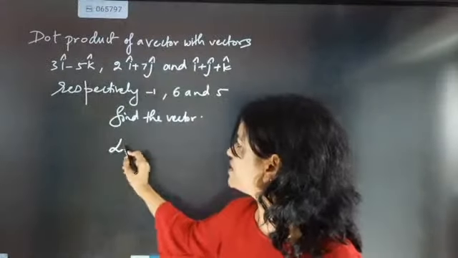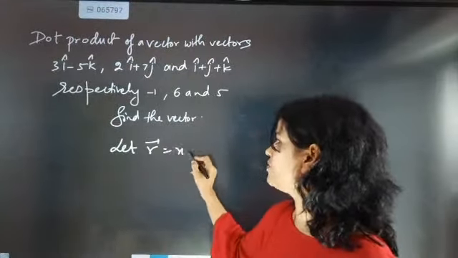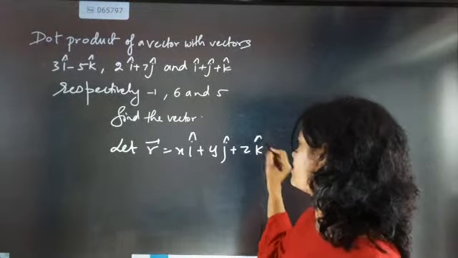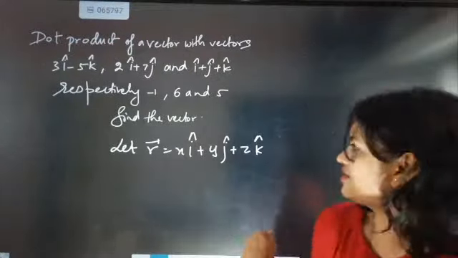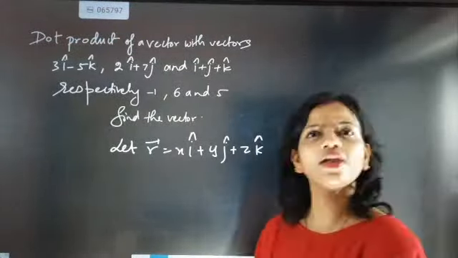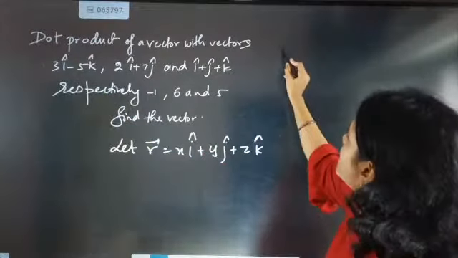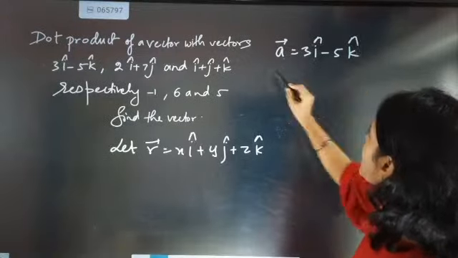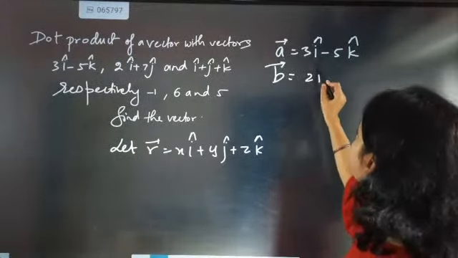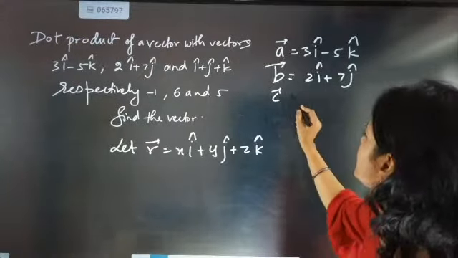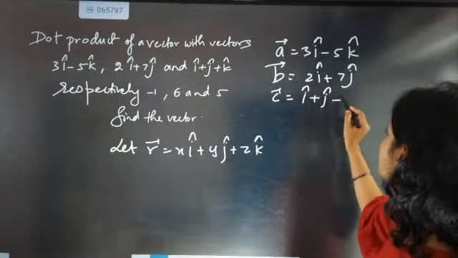You just have to write one thing: let the R vector be equal to xi plus yj plus zk. This is the vector. Next, we take A vector as 3i minus 5k, B vector as 2i plus 7j, and C vector as i plus j plus k.